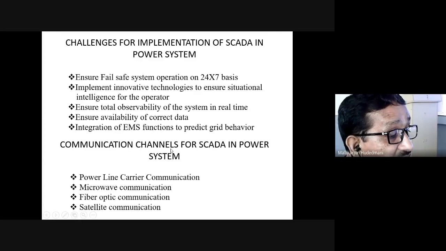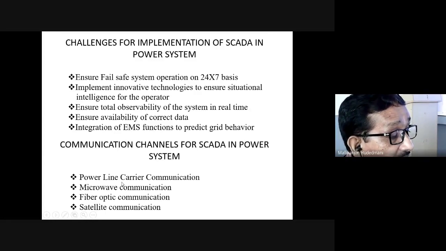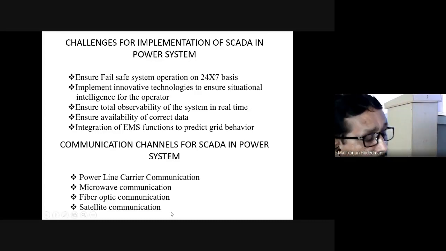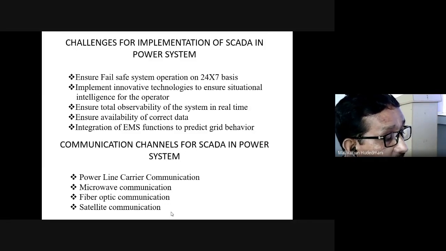This is how there are different communication standards available: power line carrier communication, microwave communication, fiber optic communication, satellite communication. As you are aware, we can communicate with the end devices connected to the same power grid through our existing power transmitting line at radio frequency, which is power line carrier communication.